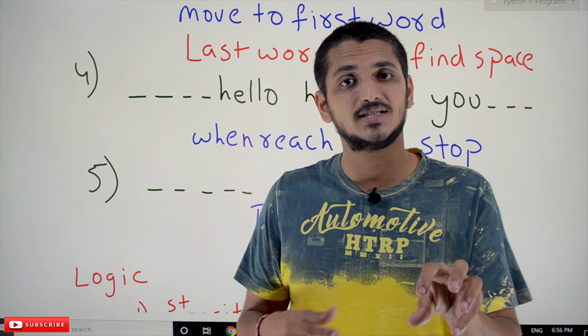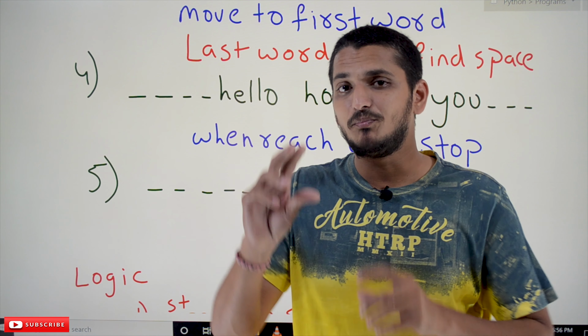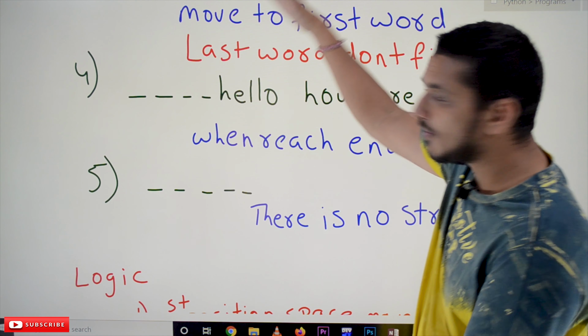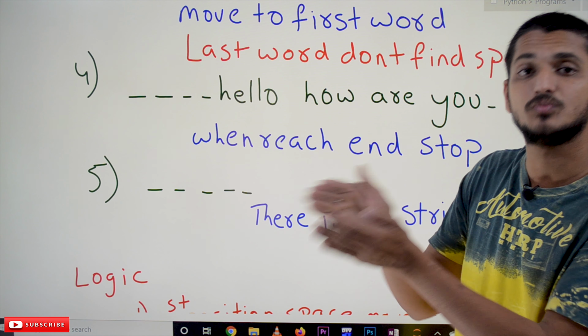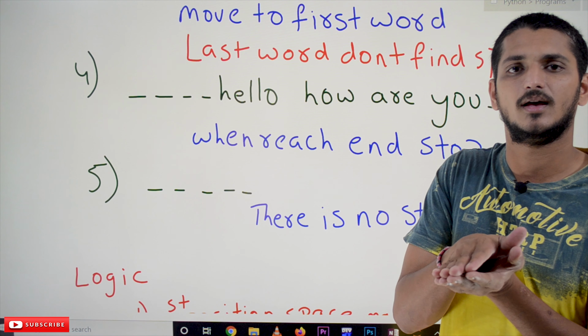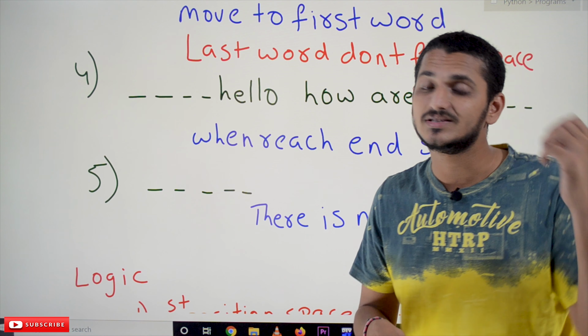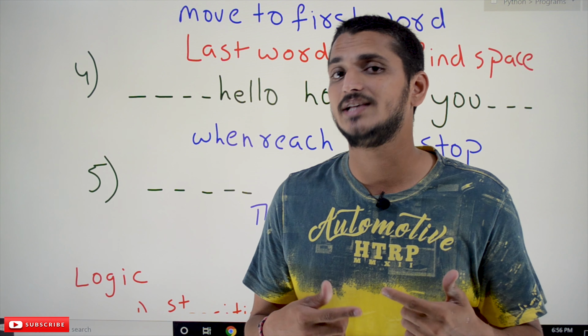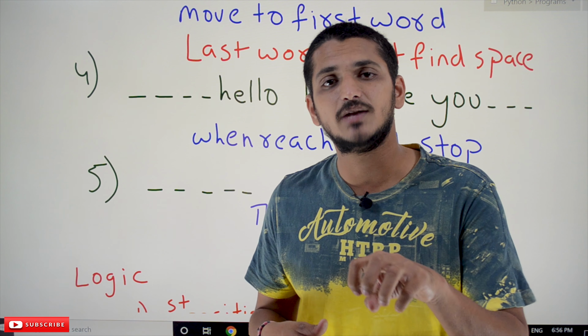In our previous classes, we did some examples on basic, means small logics. See here, the big complex logic is divided into small logics. That is why previous classes are very important. In our previous classes, we discussed many examples on loops and if statements.